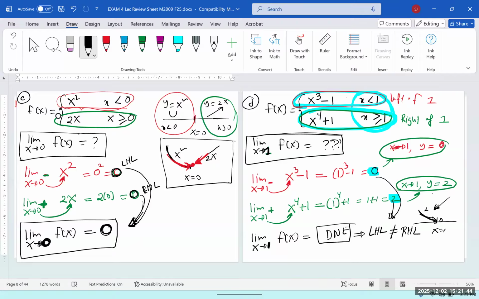But if the left-hand limit and right-hand limit are two different numbers, then exactly at that limiting value, the limit doesn't exist because we have two different limits. The limit tells us the y value, okay?